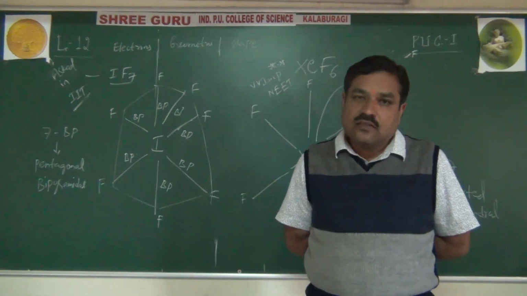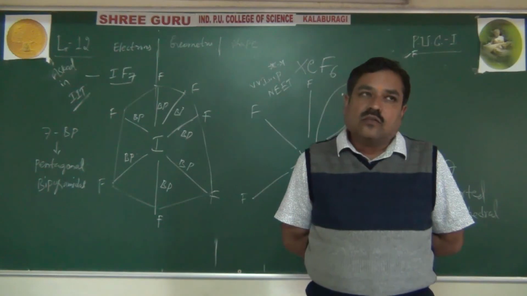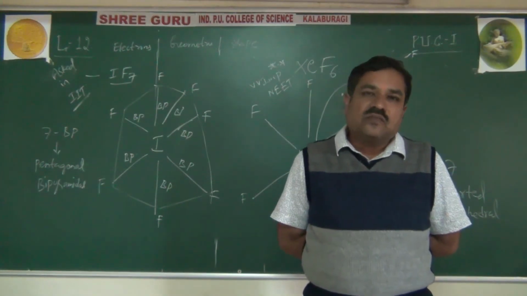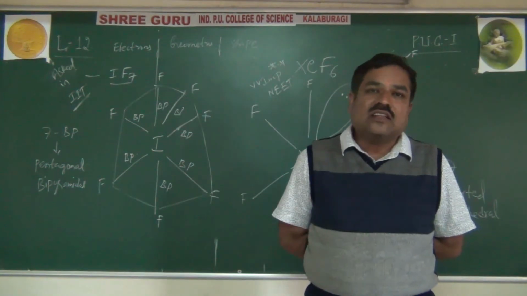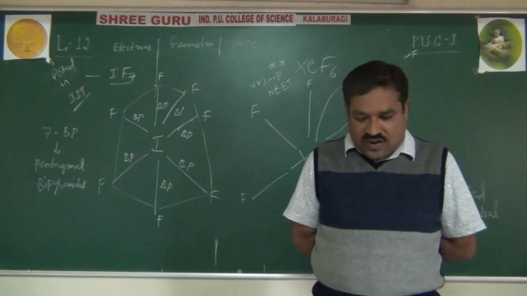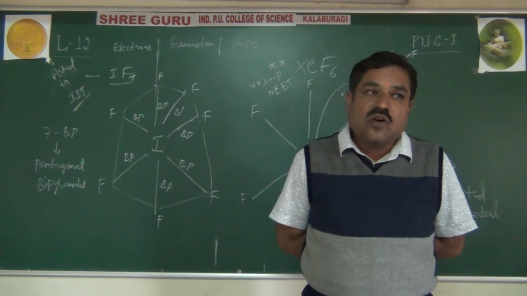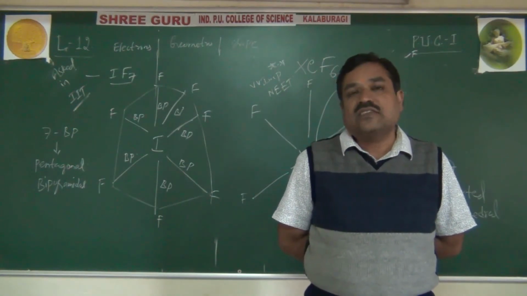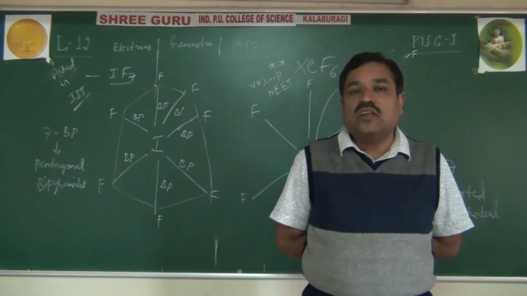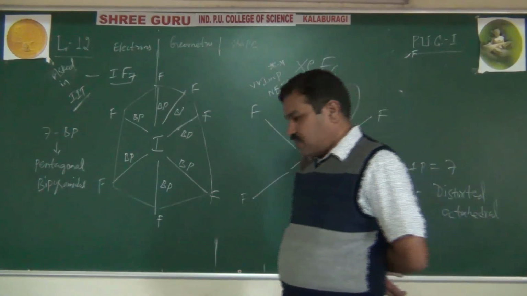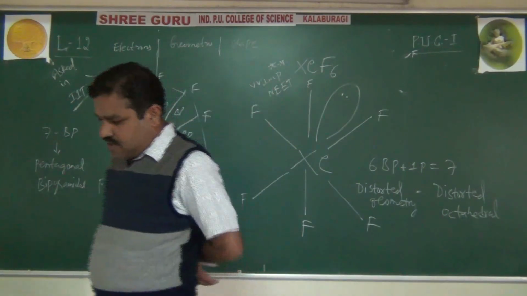It is not applicable for ions. To explain the formation of ions, there is a need for another theory. Lastly, what is it? Molecular orbital theory, in terms of the wave mechanical model. Lastly, we will study MOT, molecular orbital theory. So that's about the VSEPR theory.